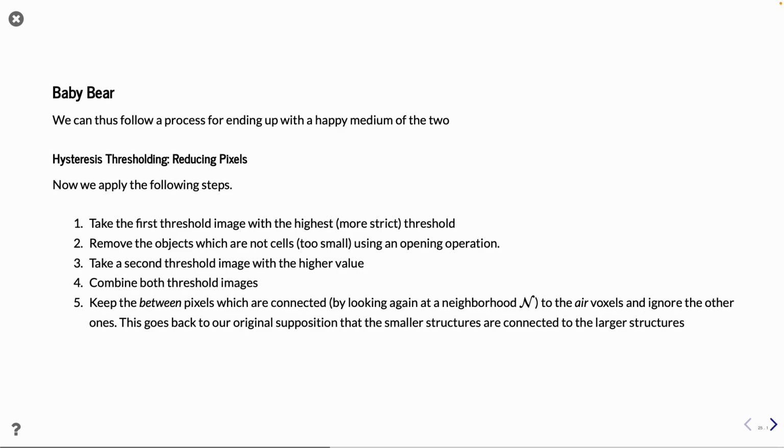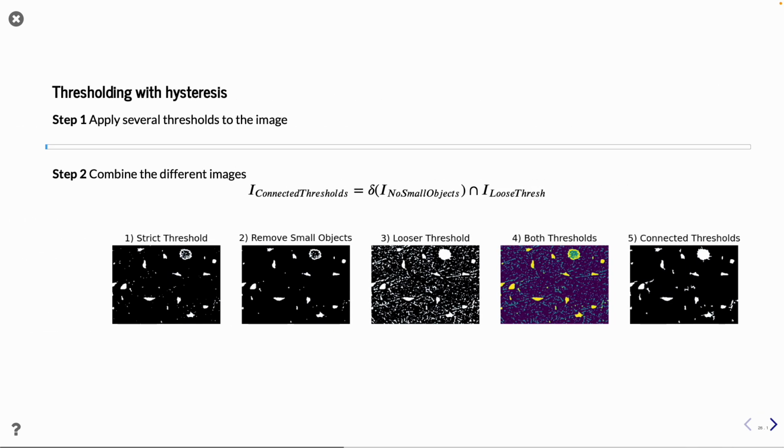And then we take the strict one, the higher value, and the less strict one. And then afterwards, you combine the two images and use region growing from the small regions out to fill up the larger regions. And this looks like this.